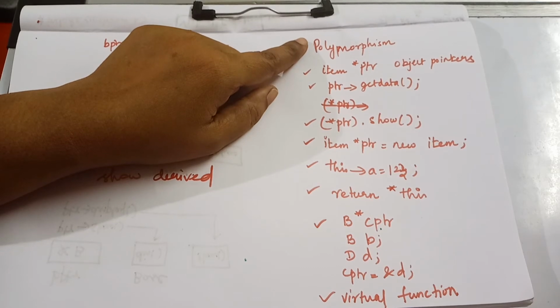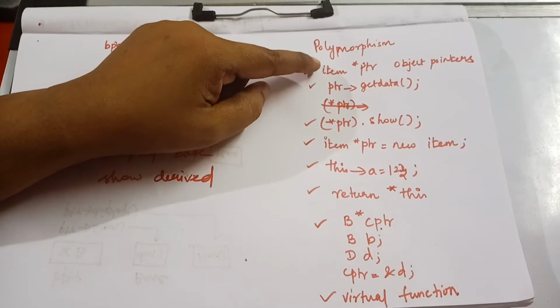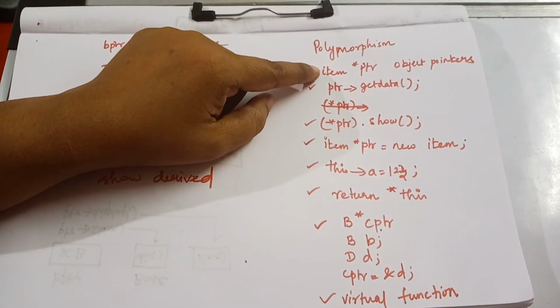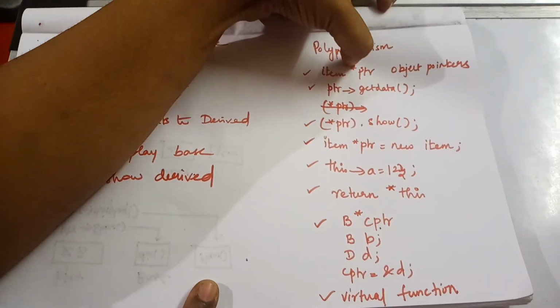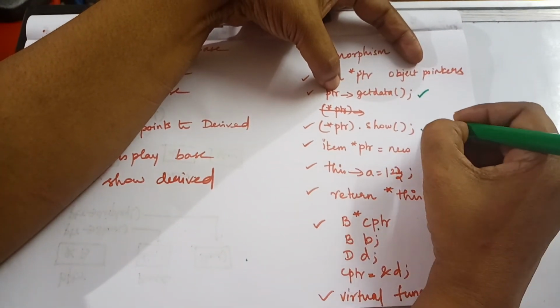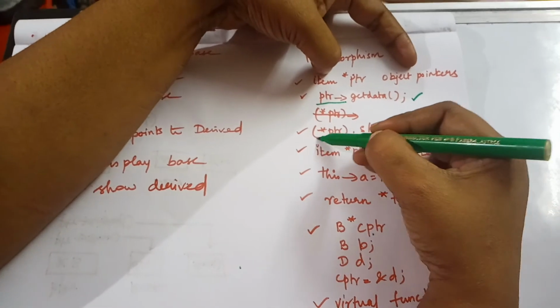Function overloading and operator overloading come under compile time polymorphism. Virtual functions come under runtime polymorphism. To understand that, we discussed pointers and we created pointers for the object. Then the syntax: in different ways you can access the member functions through the pointer variable, correct?